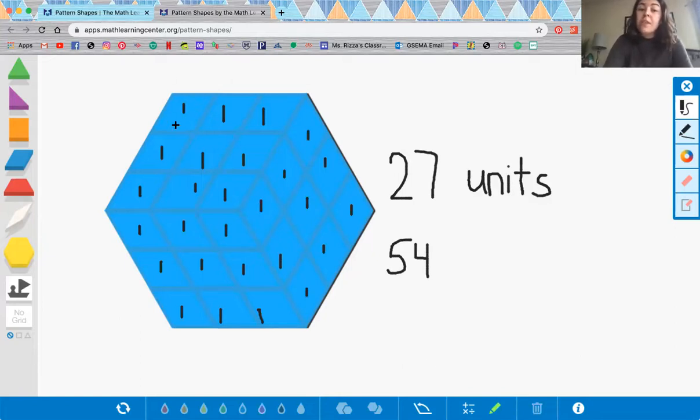These rhombuses are bigger. If I draw a little dotted line, a rhombus is like two triangles put together. So you'll notice that this took about half of the amount of triangles as yesterday because each rhombus is about two triangles.